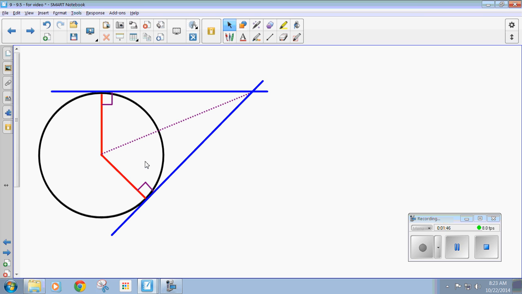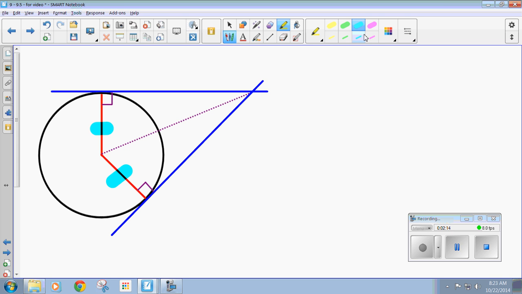When we look at these two triangles, we know that the radii are both equal. We know that this line here, which will function as our hypotenuse, is going to be the same for both triangles. Because we have this 90-degree angle, we know that the blue lines are equal to each other.